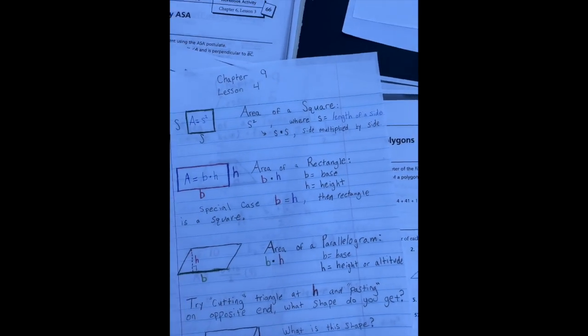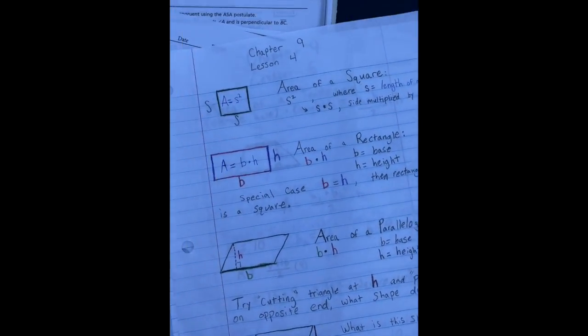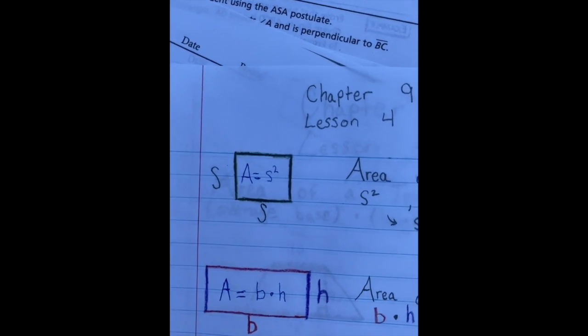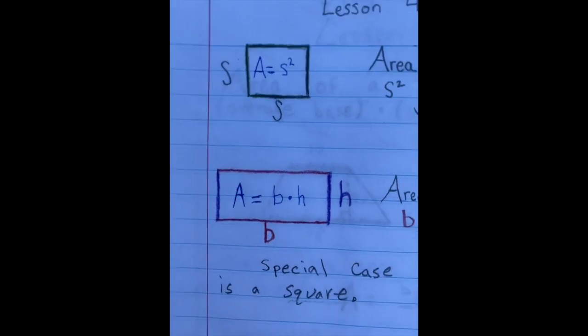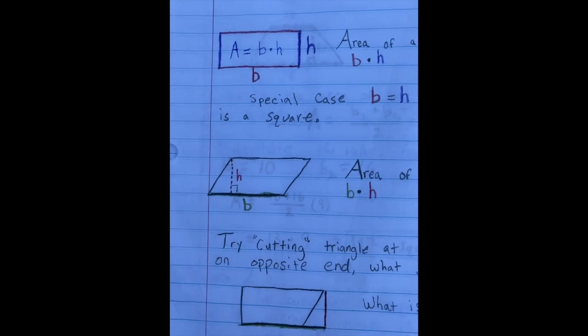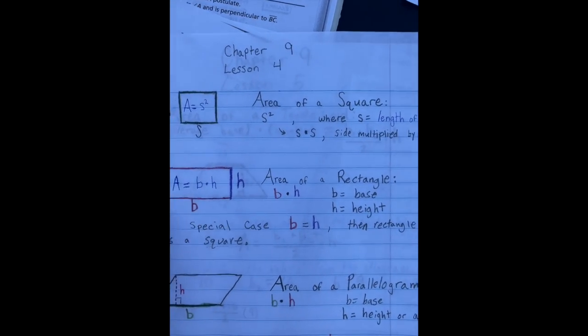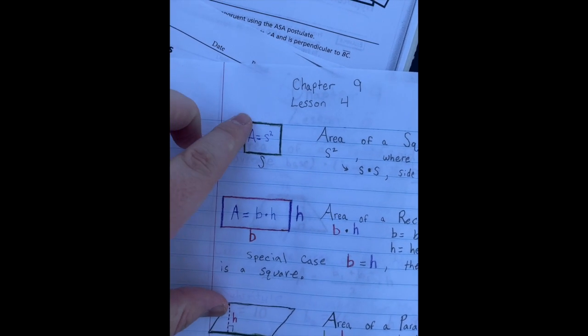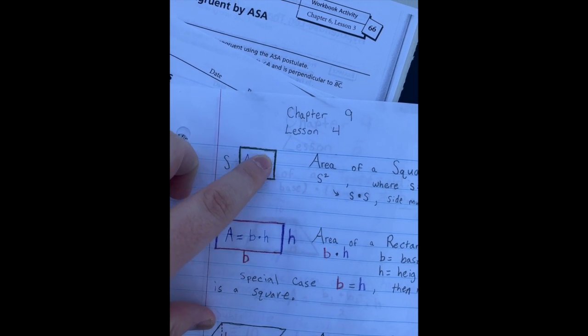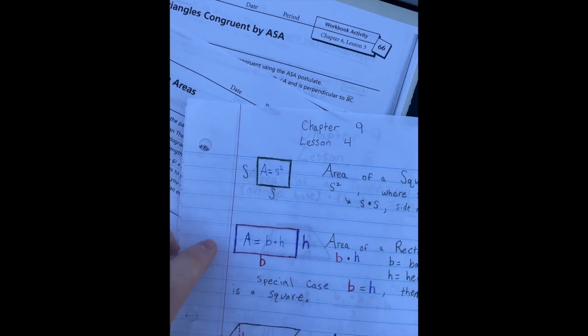So here's a brief overview of the difference between area and perimeter. Area is basically what happens when you take a two-dimensional shape such as a square, parallelogram, rectangle, or any classification in between, and then you're calculating how many square units are inside there.